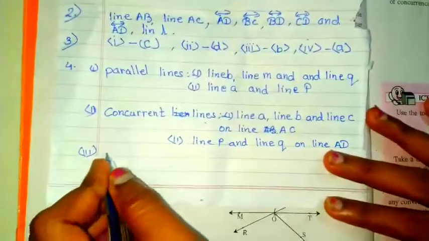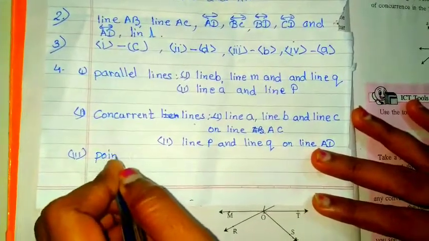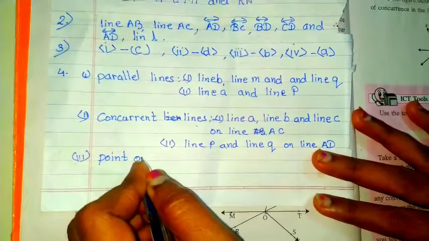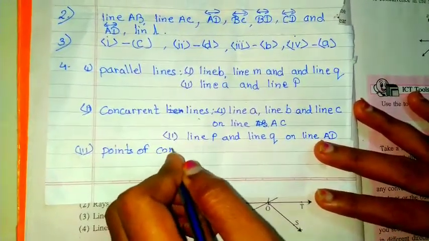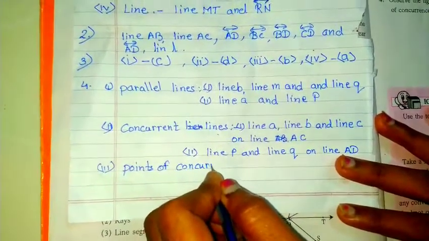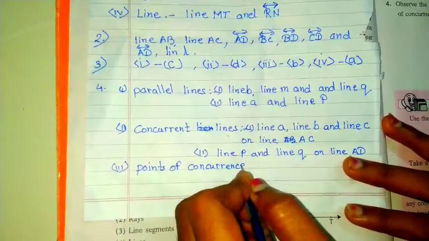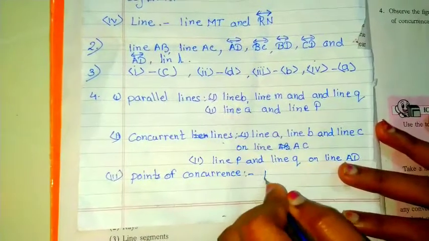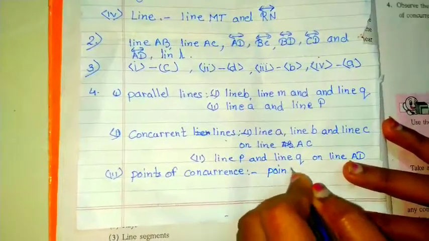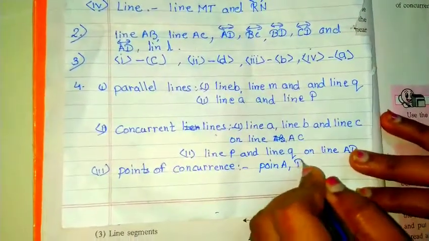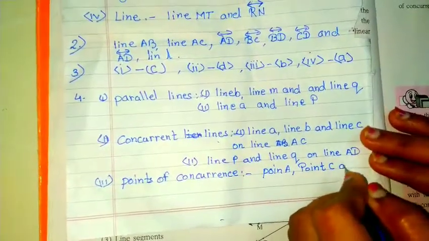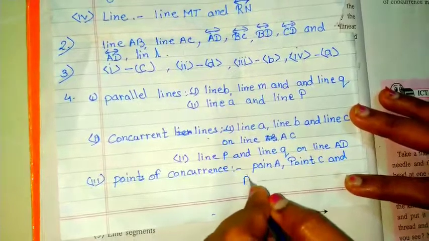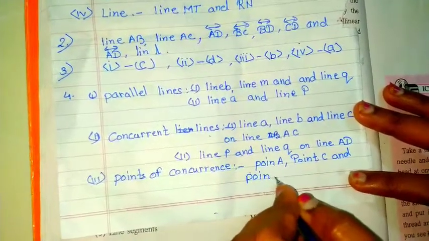You can write points of concurrence: point A, point C and point D.